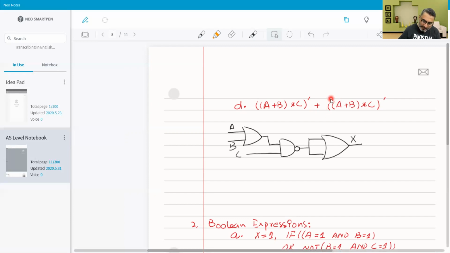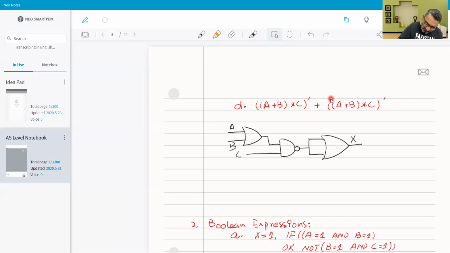So there might be another way of doing it. That is A plus B multiply C, again A plus B multiply C. As you can see, this always brings trouble in the form of more complicated drawings.